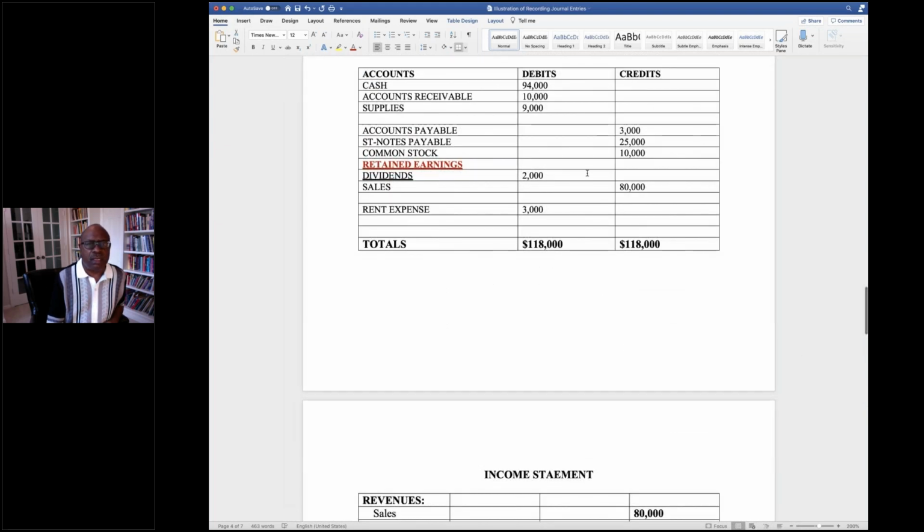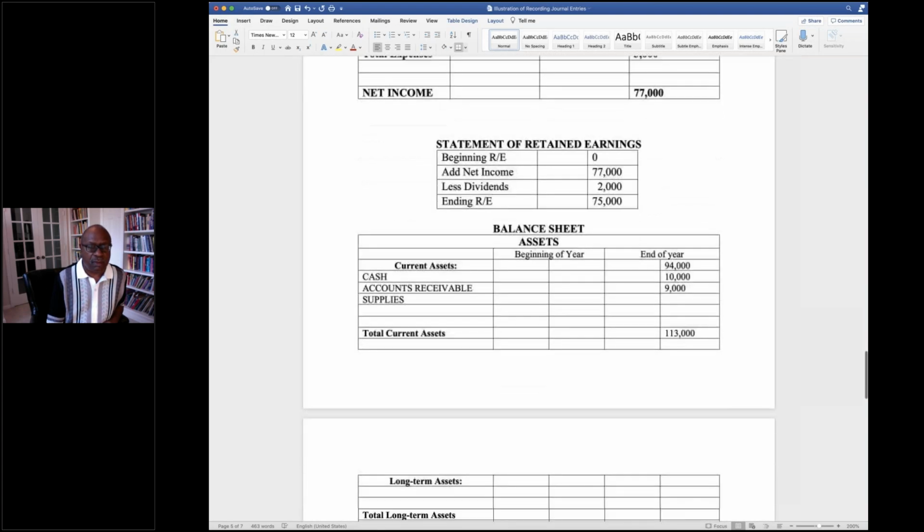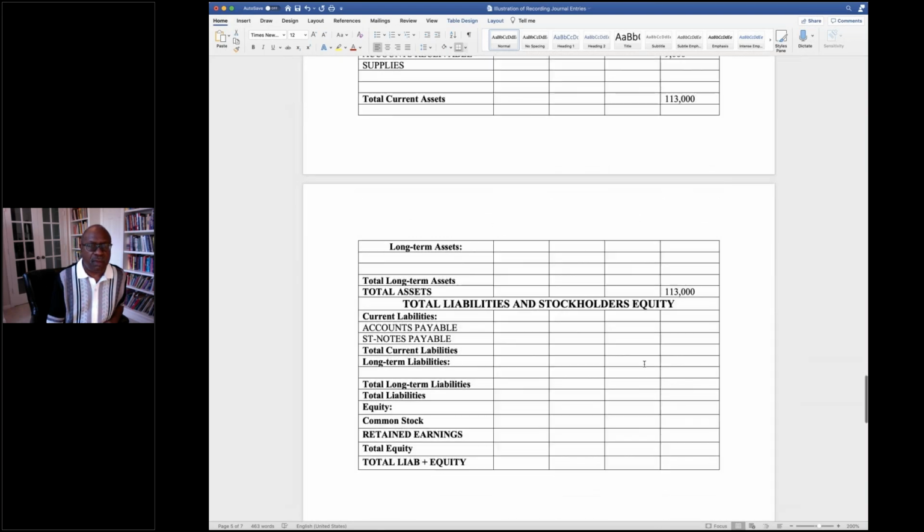The amounts were $3,000 and $5,000. I'm going to copy these and just put these here. And so our total current liabilities are $28,000.